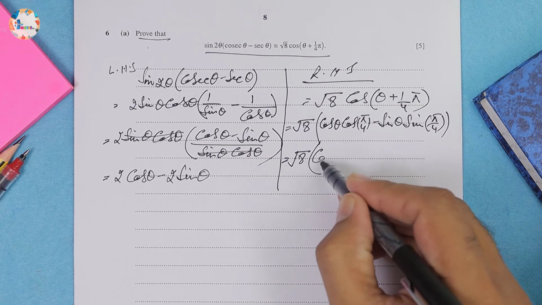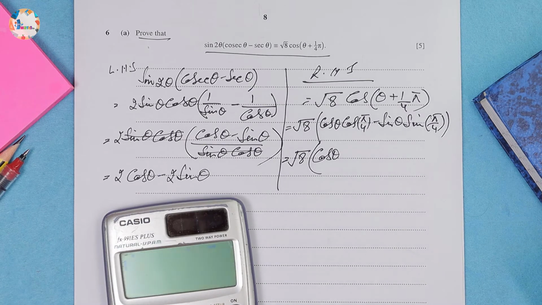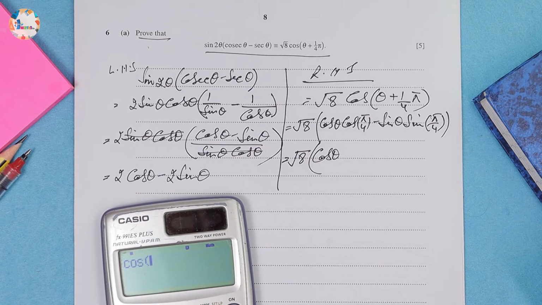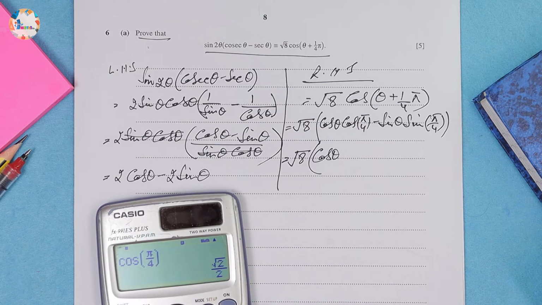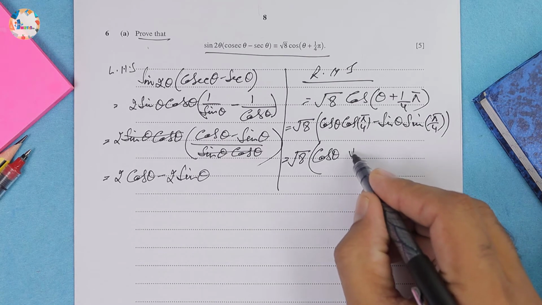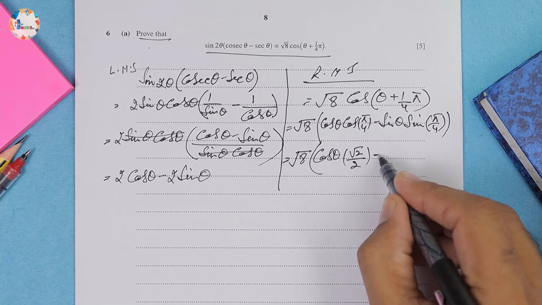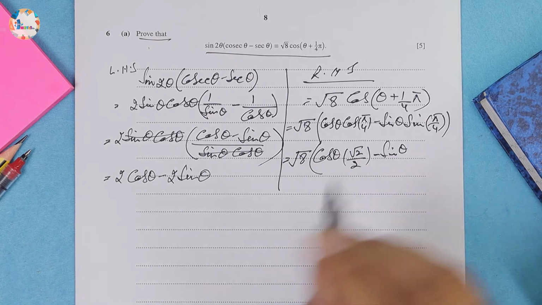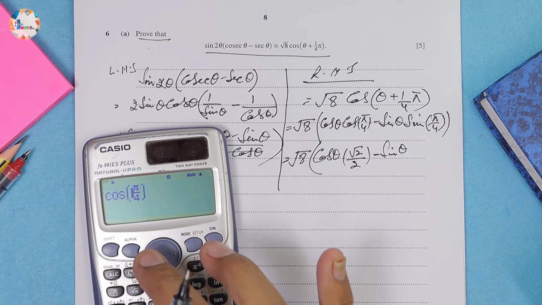Now we can simplify this. This will be cos of theta cos pi by 4. We can check, cos of pi over 4 is equal to root 2 over 2. So this will be root 2 over 2, minus sine of theta into sine of pi by 4.